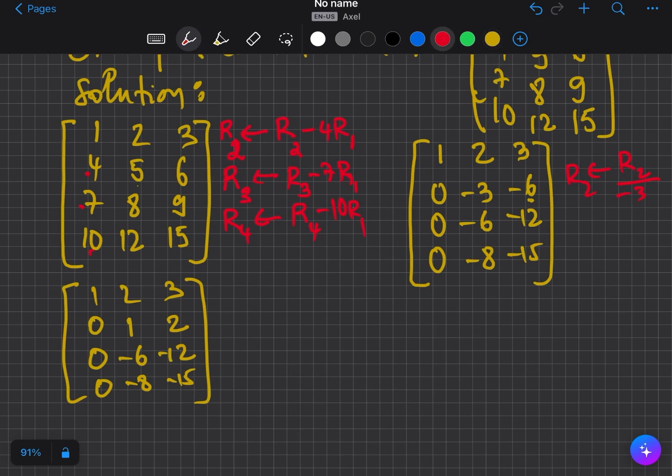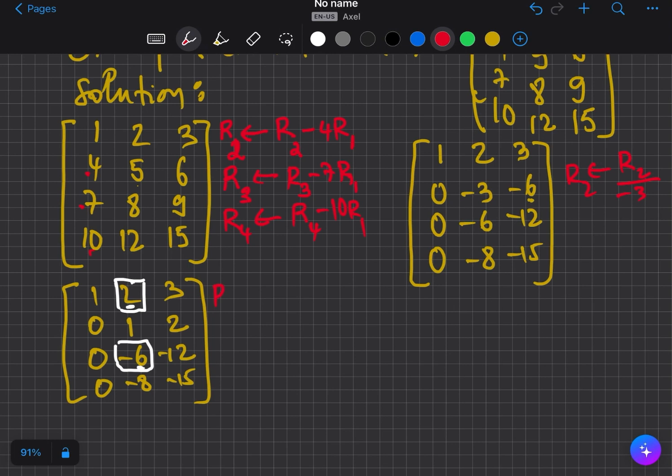On this matrix, remember we said that we should have 0 above and below the leading entry 1. So I need to have a 0 here, which is 2, and a 0 here, and also a 0 here. How do I do that?